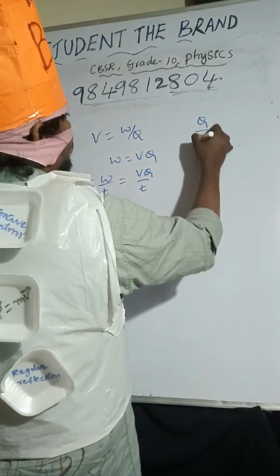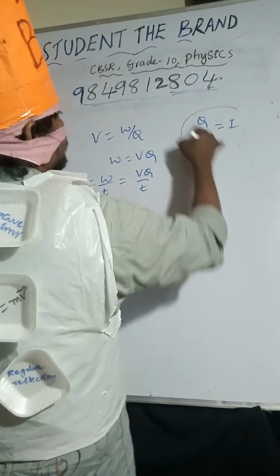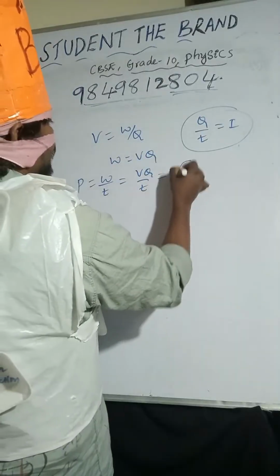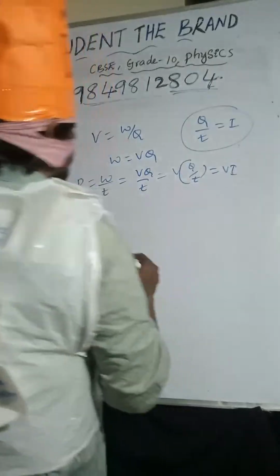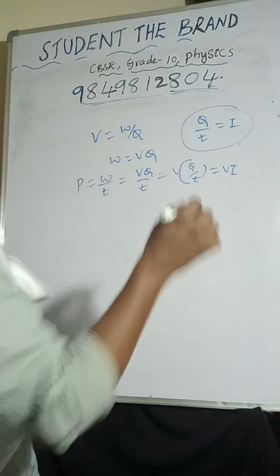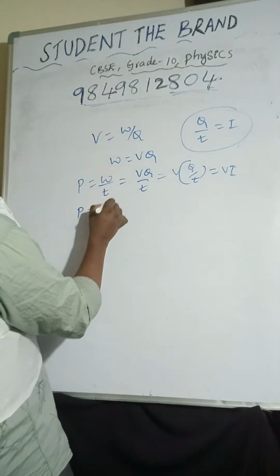Q by T is current, so V into Q by T is VI. So P equal to VI.